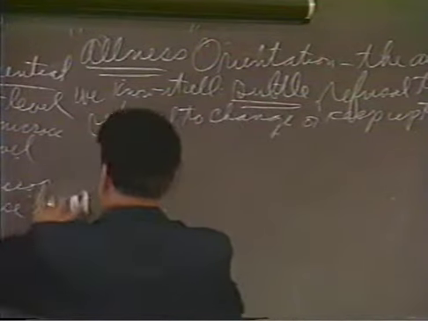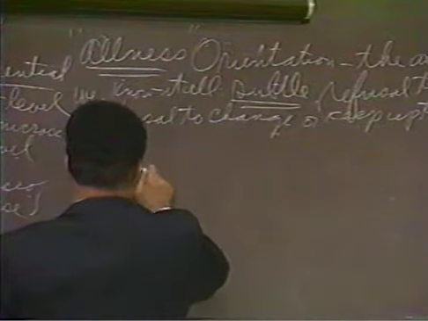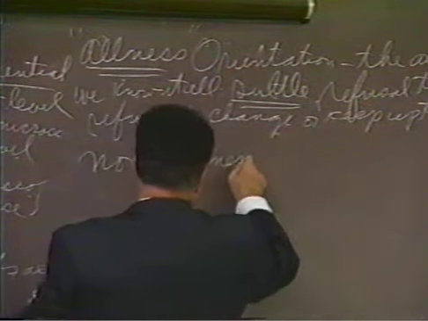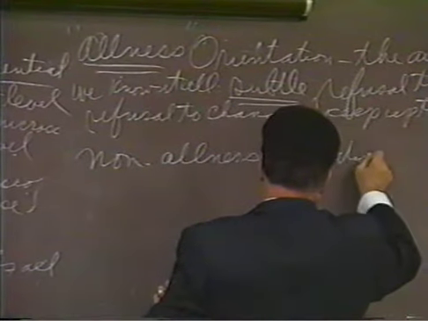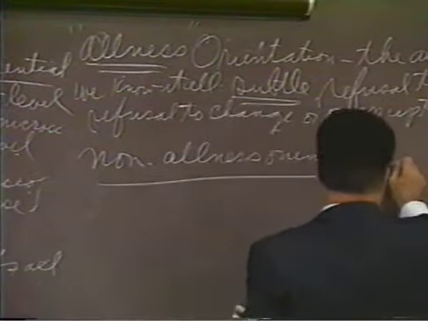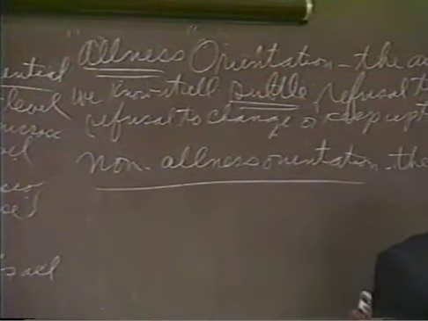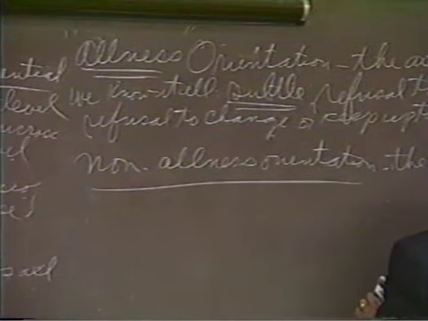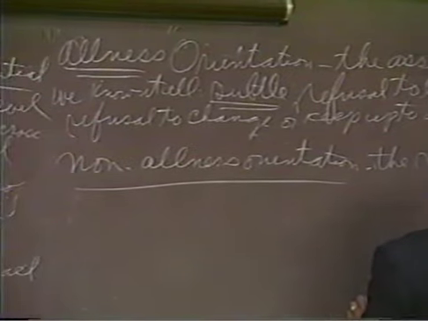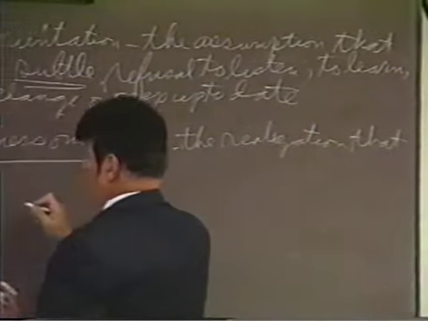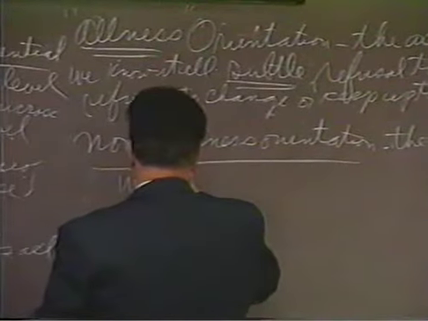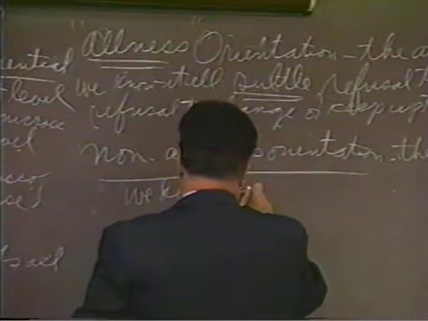Etc. And the opposite of the allness orientation is the non-allness orientation. And this is the realization that we do not know-it-all.